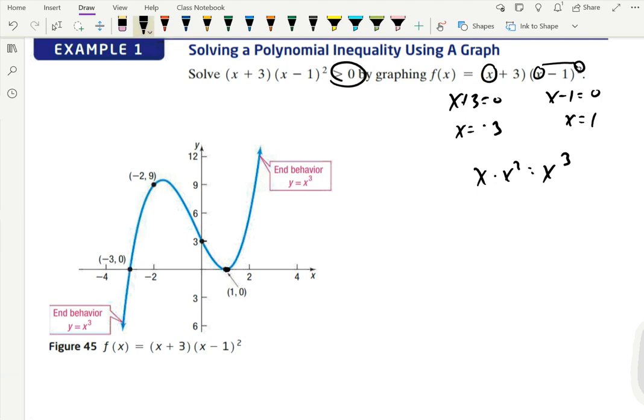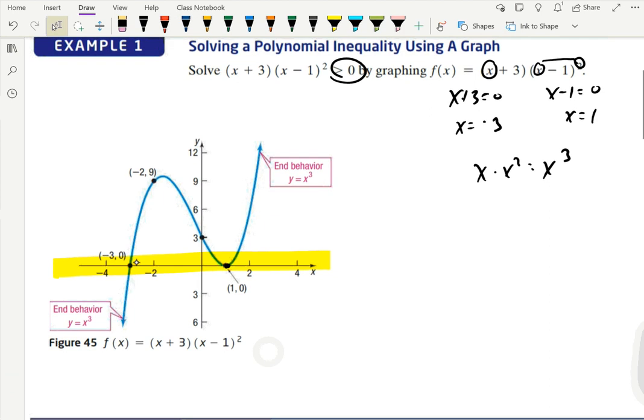Now as we take a look at this, the other thing that we want to figure out then is where is this above 0? So 0 is the x-axis. So where are we above 0? Well, we are above 0 in this range, and we are above 0 in this range, but not at 1, 0, because this is strictly greater than, not greater than or equal to.